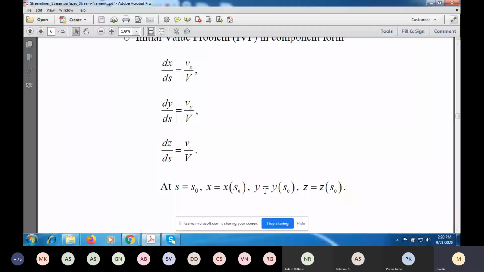Given the initial coordinates x of s naught, y of s naught, and z of s naught, and the velocity field, you can find the equation of the streamline through that point. Of course, you may not be able to get a closed form analytical result, but you can use a numerical method to find the streamlines.